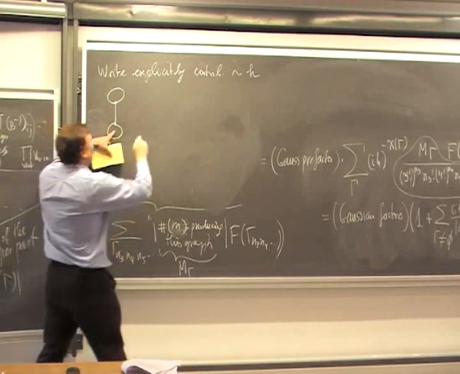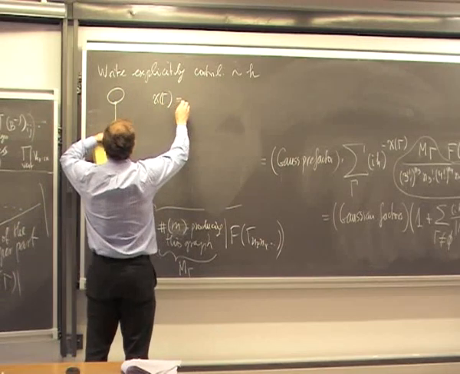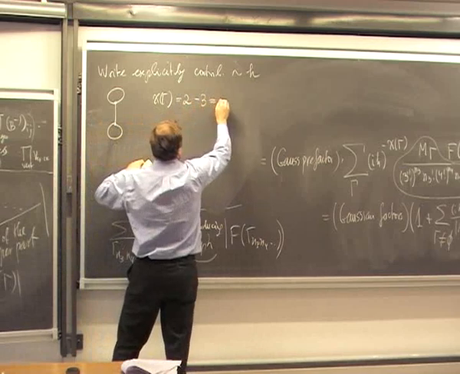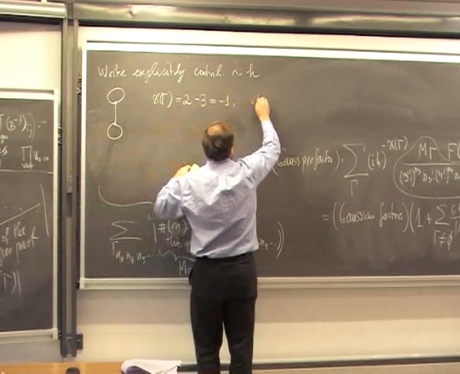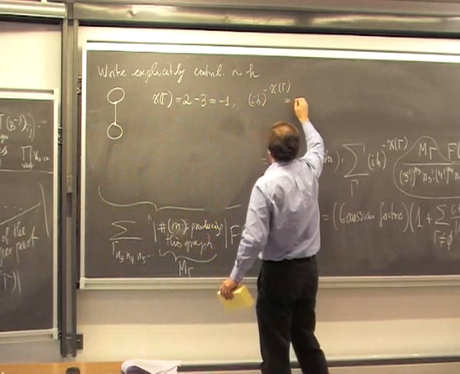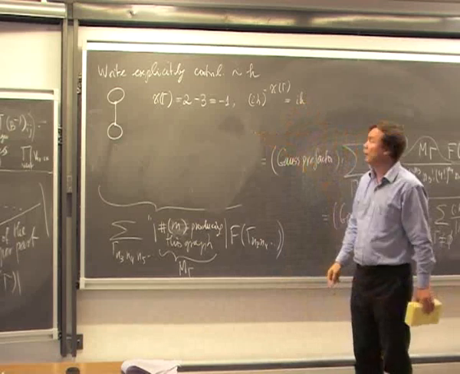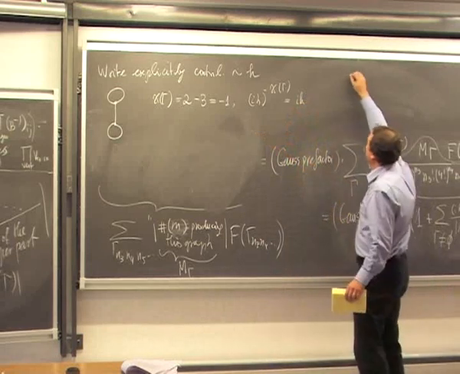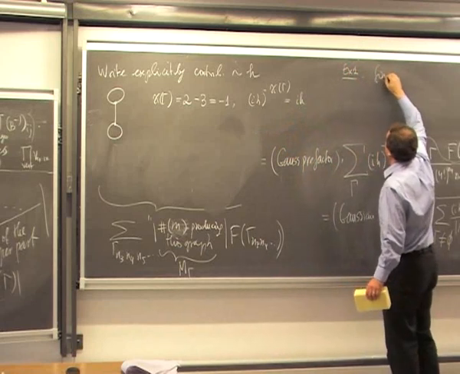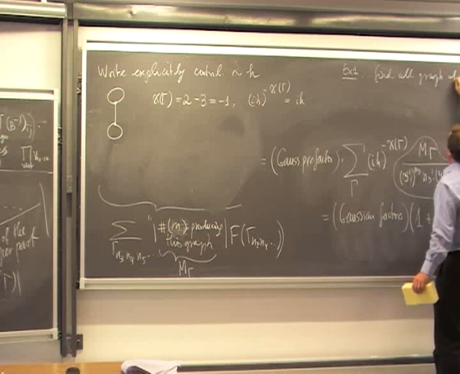So this is a graph whose Euler characteristic is the number of vertices, which is 2, minus the number of edges, which is 3, so it's minus 1. So IH to the minus the Euler characteristic is equal to IH, so that's one of the graphs of order 1. So first exercise, find all graphs of order 1.